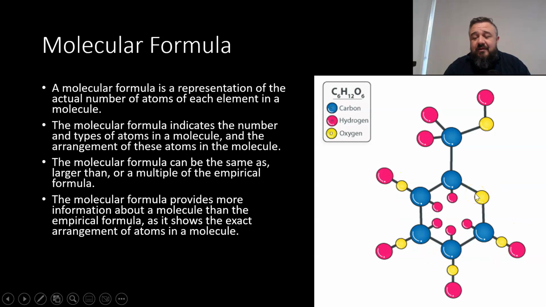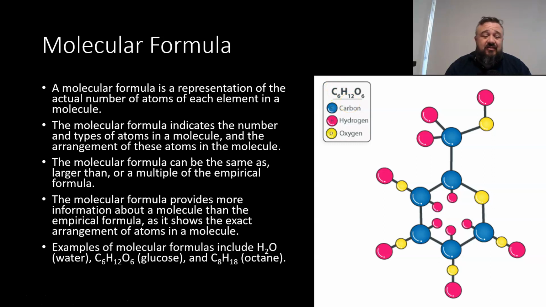If you were to add these up, you would have 6 carbons, 12 hydrogens, and 6 oxygens. You can see that can be busted down into a smaller ratio. We'll deal with that in a sec. However, water, which is H2O, is also the molecular formula, but that's as small as that can get. And then we have octane at C8H18, which leads us to our next type.